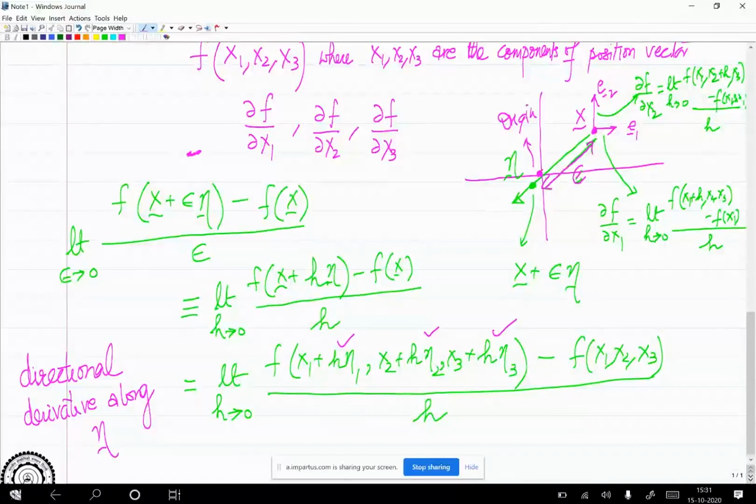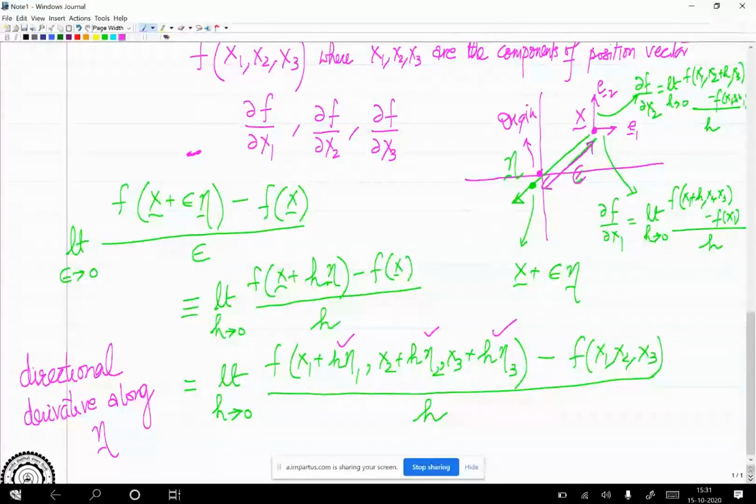H is the increment along eta, so the components in the three directions are then h into eta 1, h into eta 2, and h into eta 3.